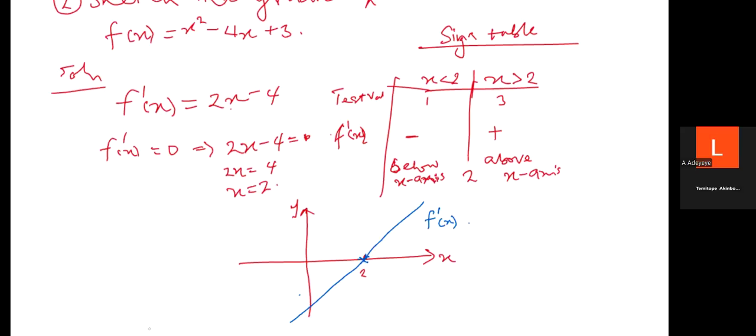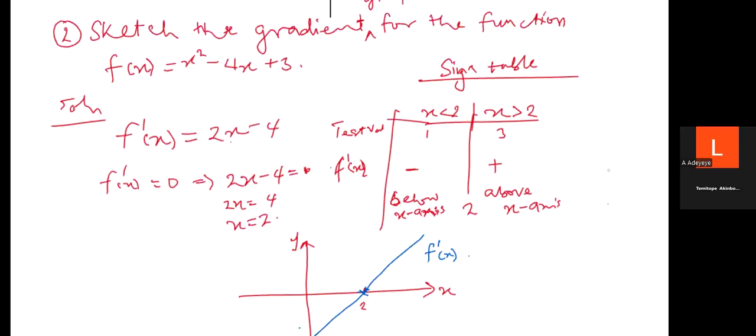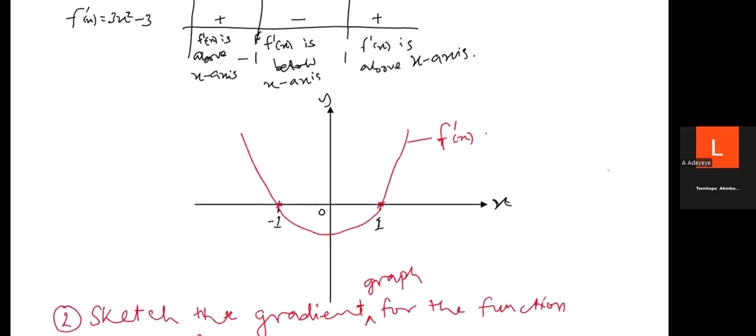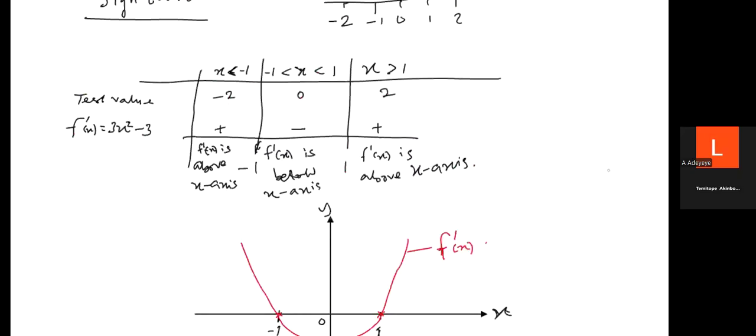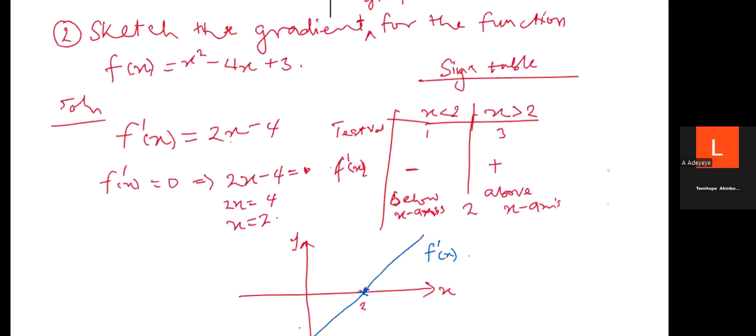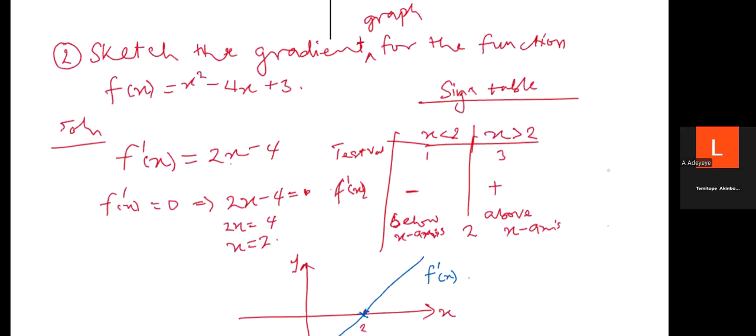Do I put it into the original equation, x squared minus 4x plus 3, or do I use 2x minus 4? You are using the derivative function, 2x minus 4. Okay, so it's negative then.